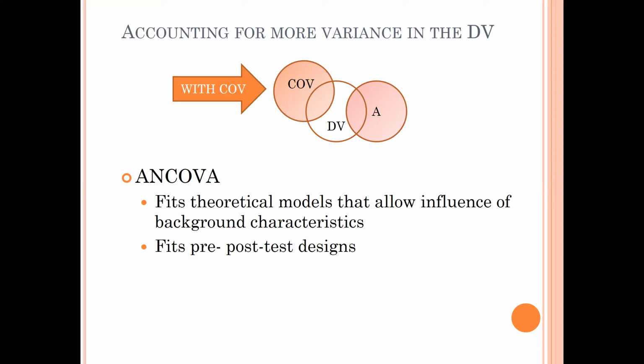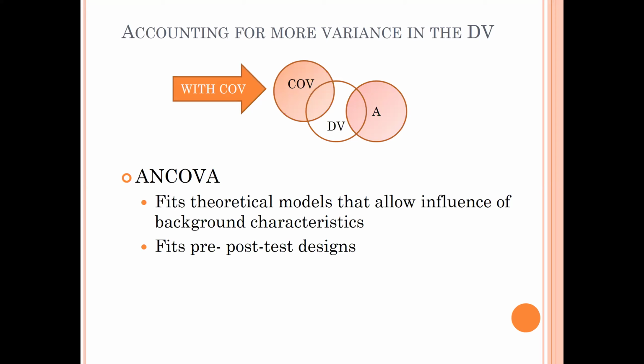But now your error term is the unaccounted for part of the DV minus that portion of A that is overlapping, also minus that portion of the covariate that is overlapping. Your error variance is only the white area of the DV, which is smaller than it was before.